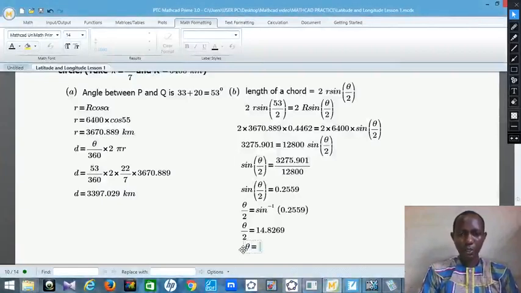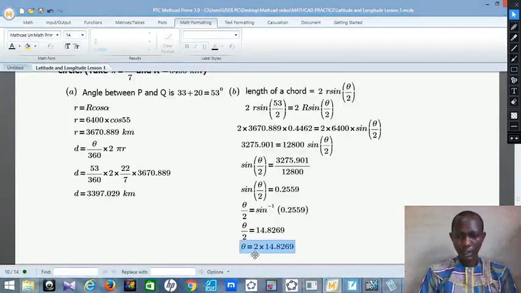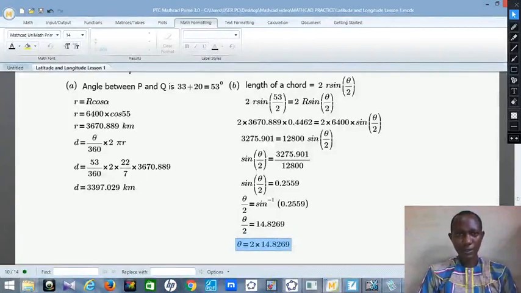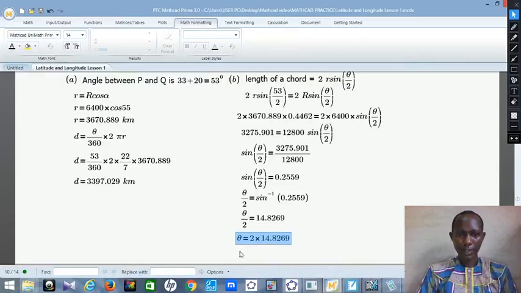Theta will be equal to, you cross multiply, 2 times 14.8269. Then finally, let's move down a little.